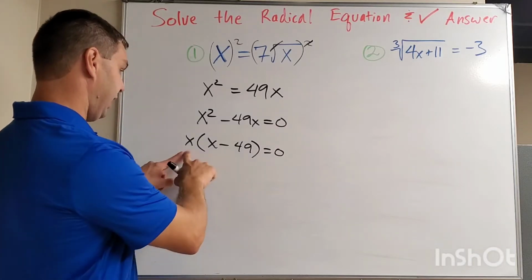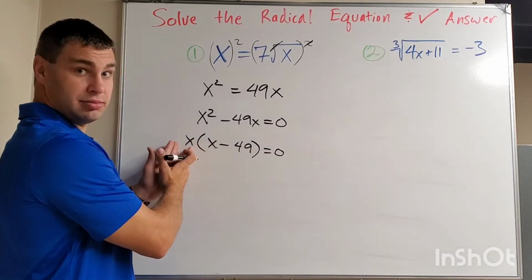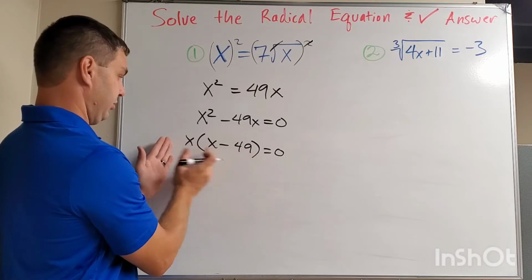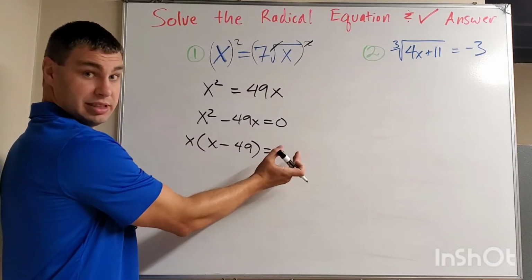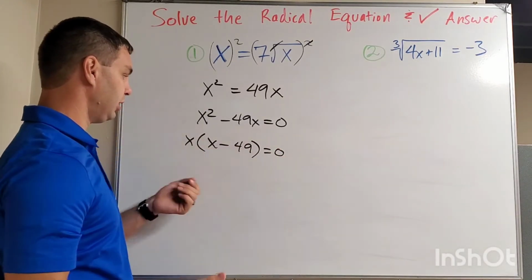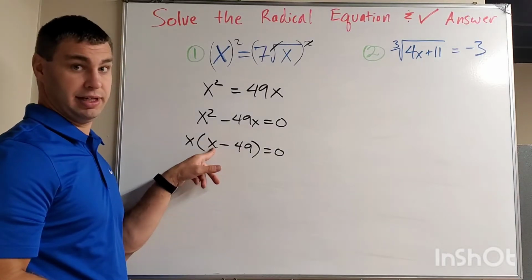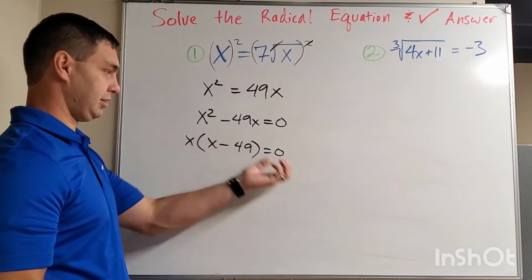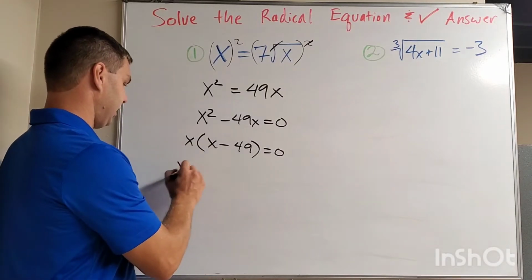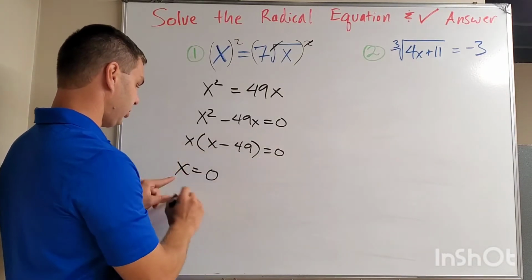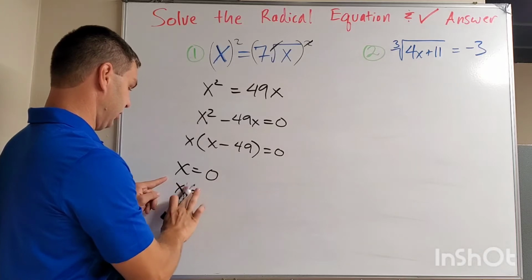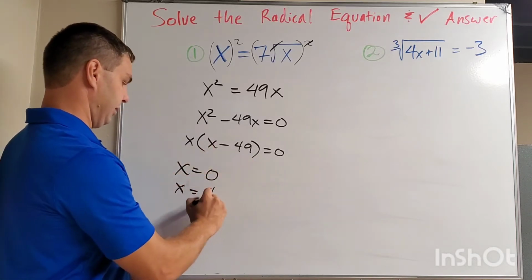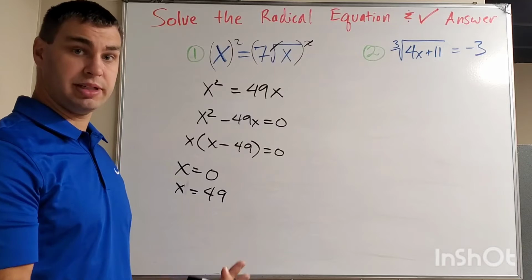Then either x could equal 0, because if x was 0, then 0 times whatever this would be gives me 0, so that would make this true. Or x could be 49, because 49 minus 49 is 0, and 0 times x would still be 0. So either x equals 0 or x equals 49.